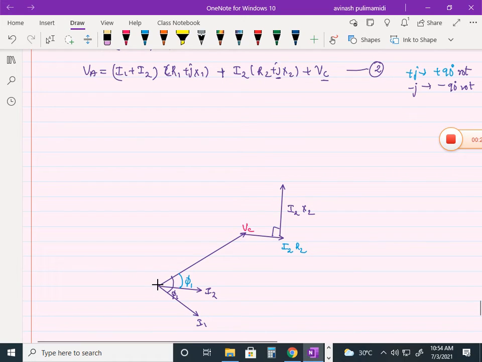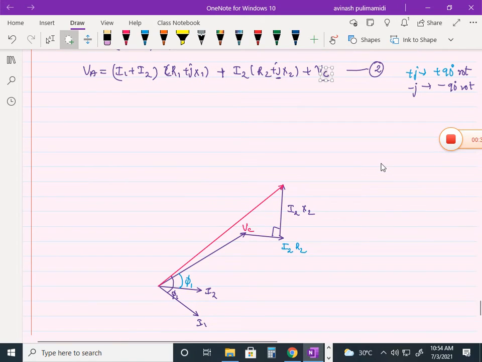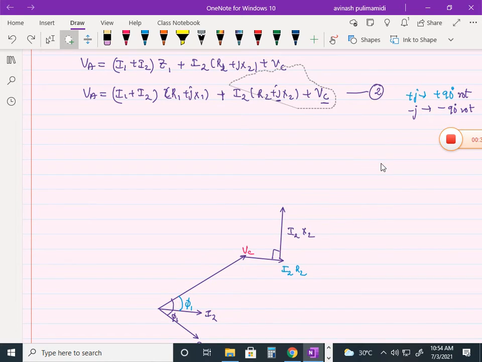With the help of this combination, we get the vector sum of VC.